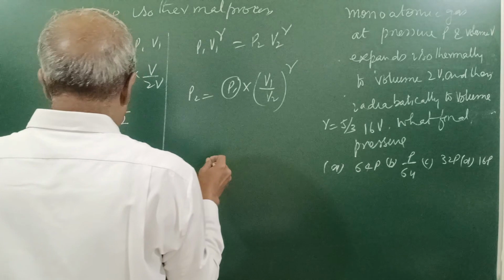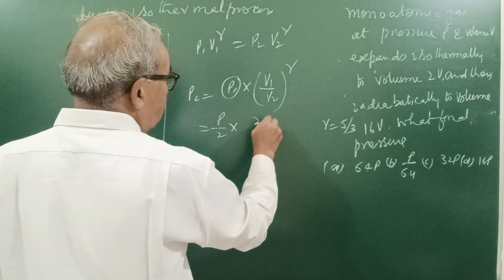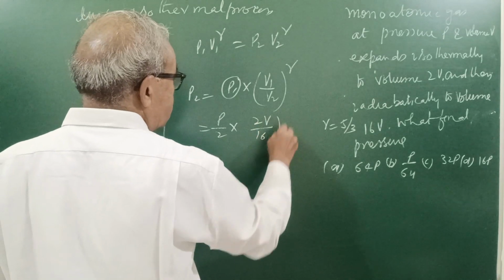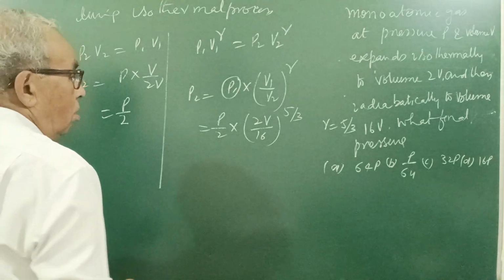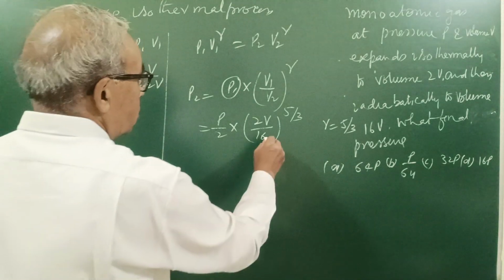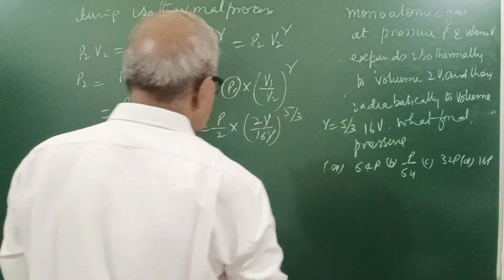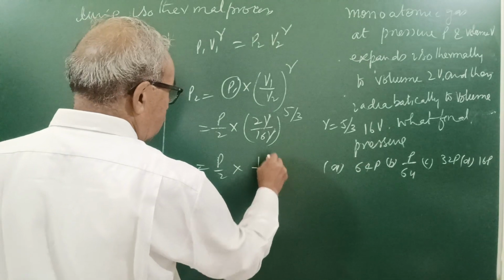P1 now is P by 2, V1 is 2V, V2 is 16V, V cancels. P by 2 into 1 by 8.